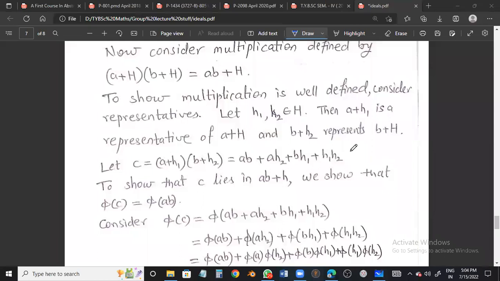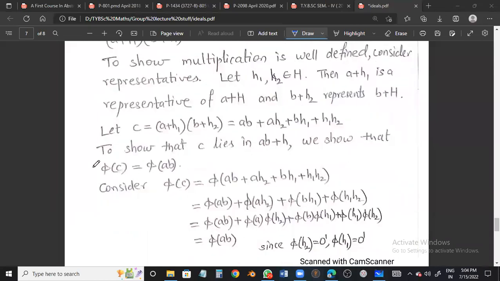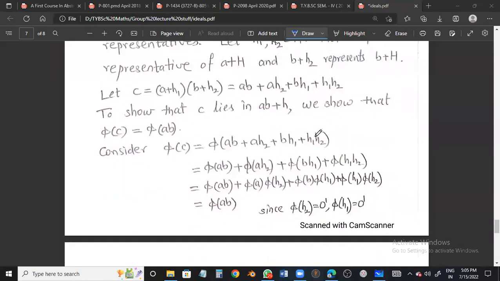Now how these particular sets are concerned, they are concerned with phi, the homomorphism. So let us apply phi on it. So phi of C equals phi of AB, this we want. So let us go. We started with phi of C. This will be phi of this whole sum.